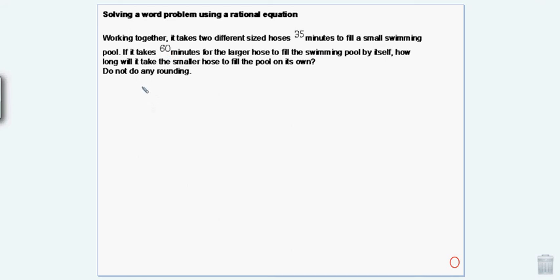Okay. We have hose 1 and hose 2 again, and then we have together. Working together, they take 35 minutes. If we have one hose that takes 60 minutes, we want to find out how long it is going to take the small hose.